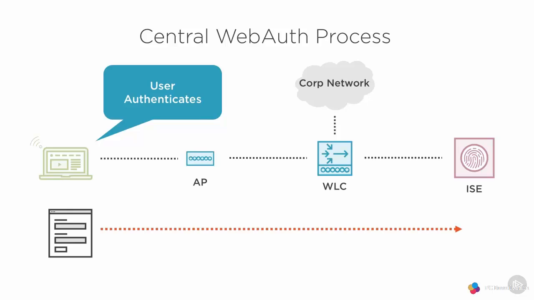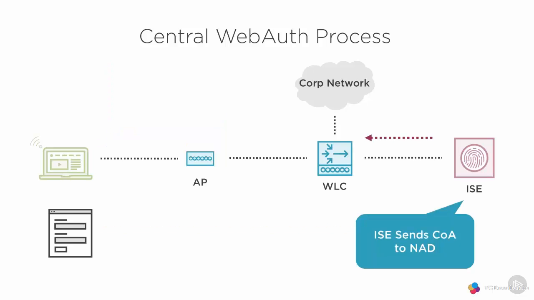So what ISE needs to do now, because it already went through this process once, and it already pushed down an ACL to the controller that said only allow them to talk to me, now ISE needs to send a RADIUS change of authorization message. Now that's what CoA stands for, change of authorization.